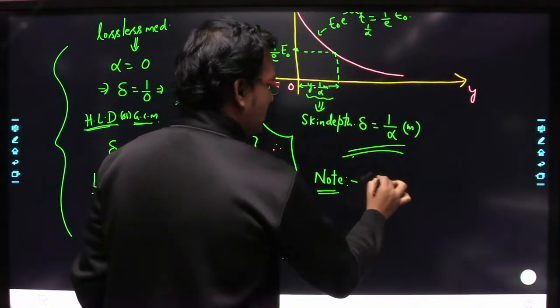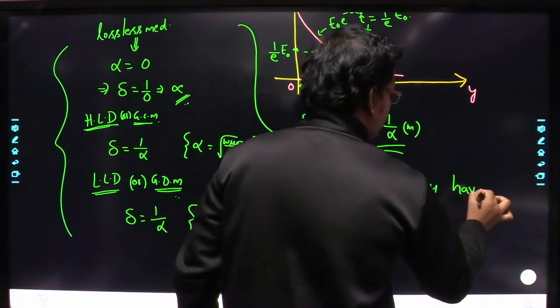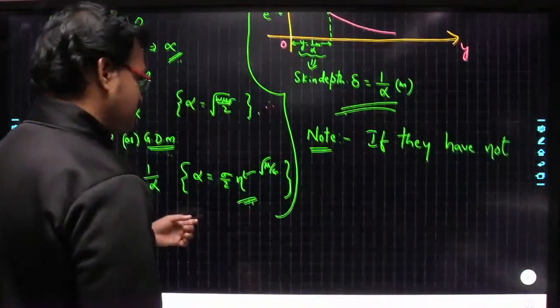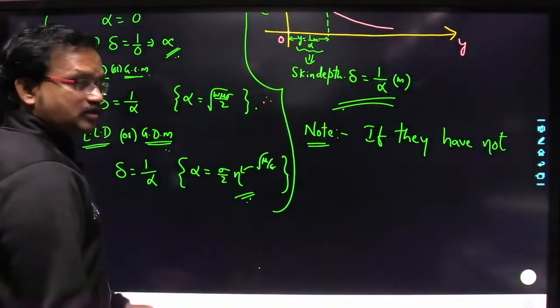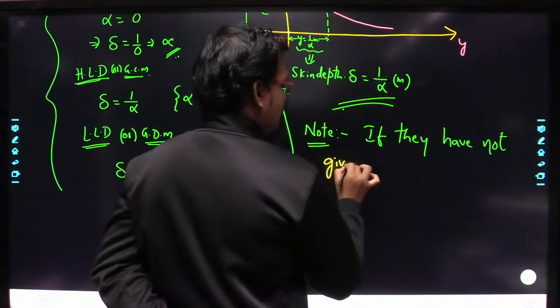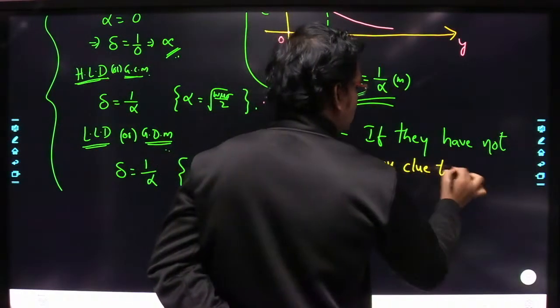So if they have not mentioned anything, see, if you are clear with these things here, then there will be no confusion while solving the problems. Okay. So if they have not given any clue to determine what?